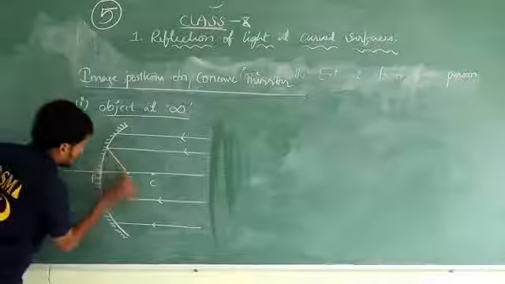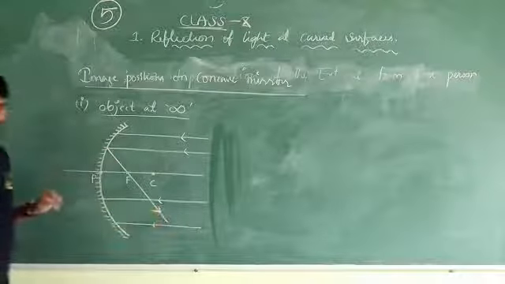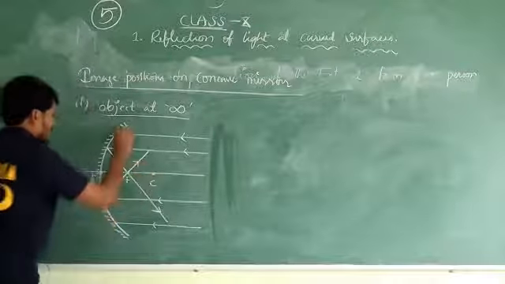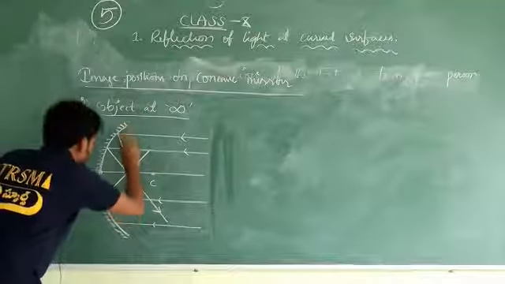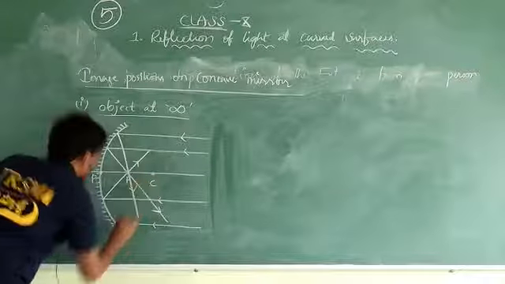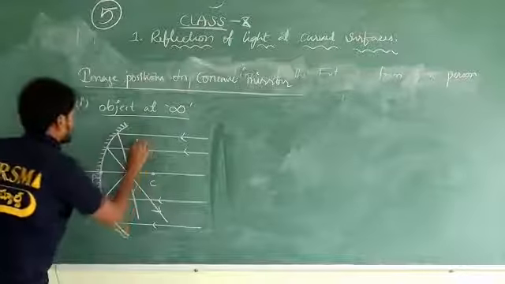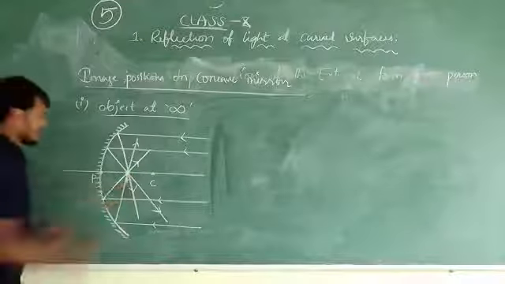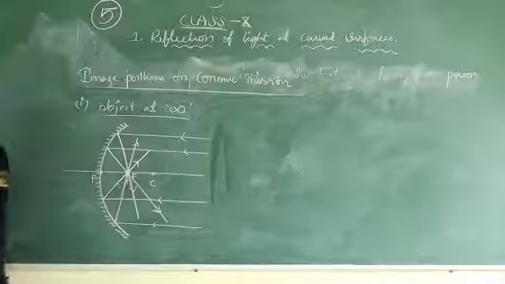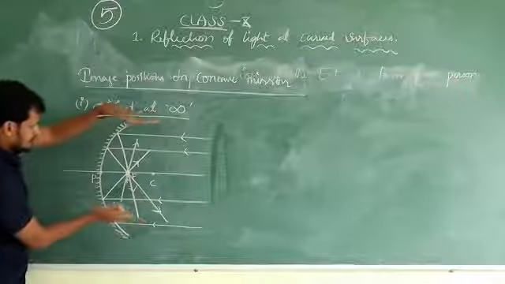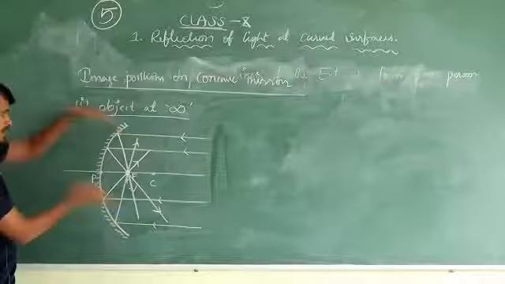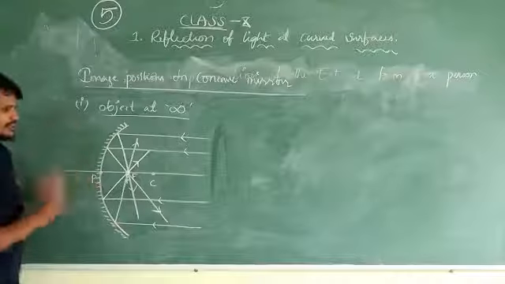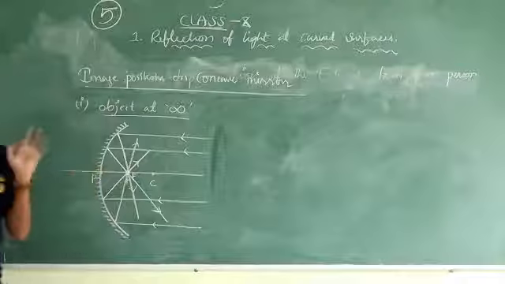So all reflected rays pass through the focus, which means all reflected rays are intersecting at F. If all rays parallel to the principal axis strike the concave mirror, all reflected rays pass through the focus.